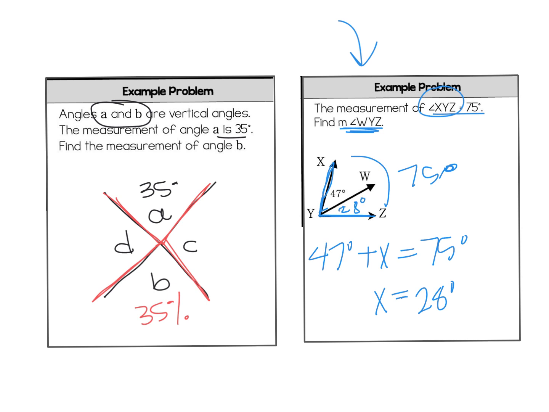And then we would just want to double check 28 plus 47 and make sure that equals 75, which it does. So then there's our answer, which we would write as angle WYZ equals 28 degrees.